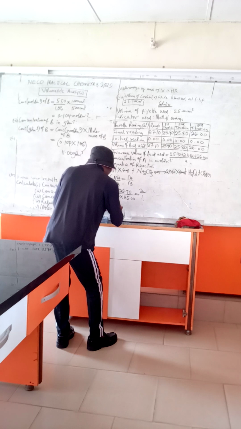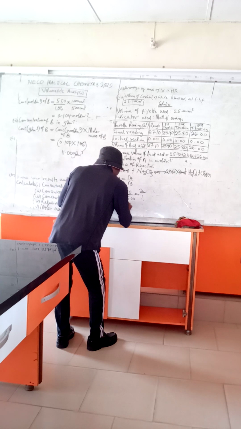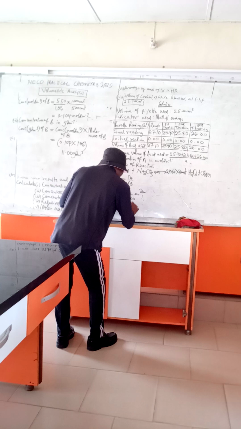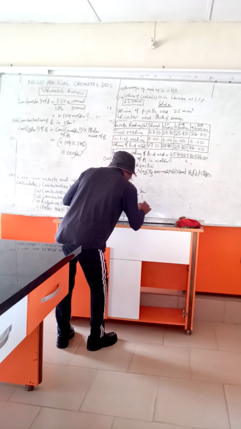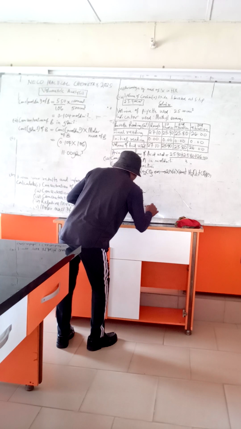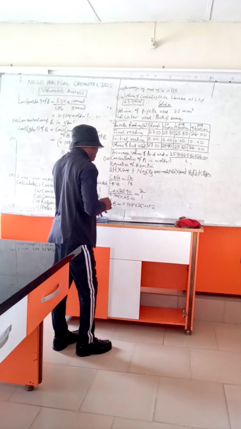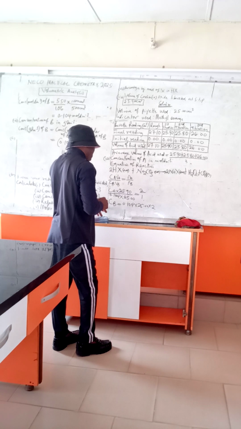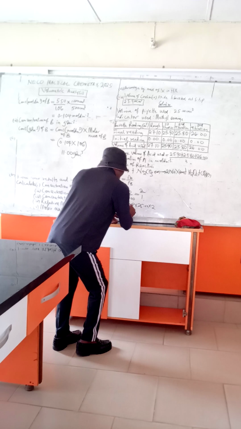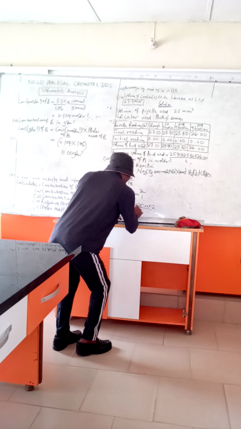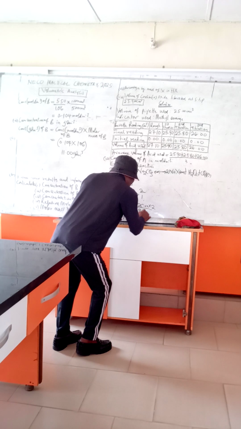Means that our Ca now is equal to 0.104 multiplied by 25.00, then times 2, all over 25.90 times 1.